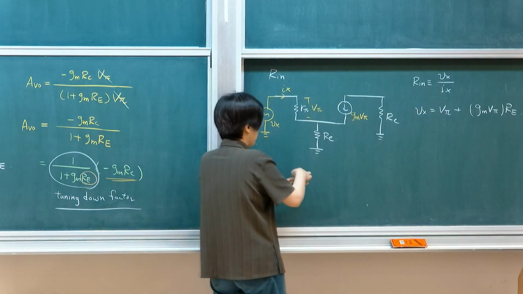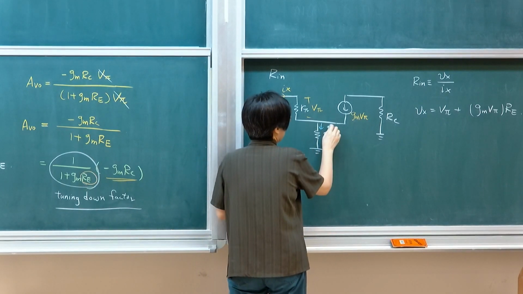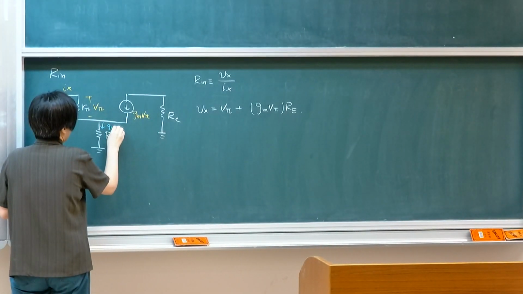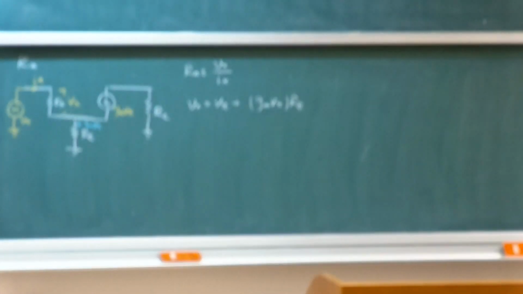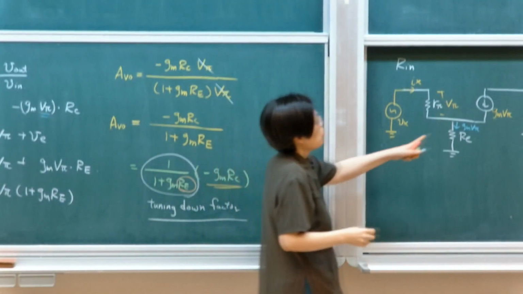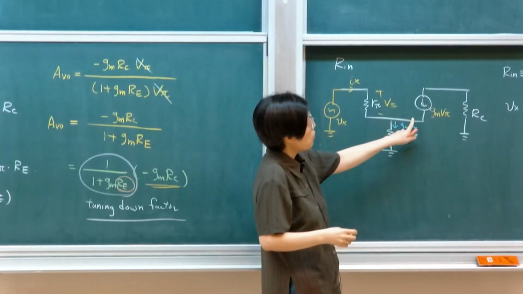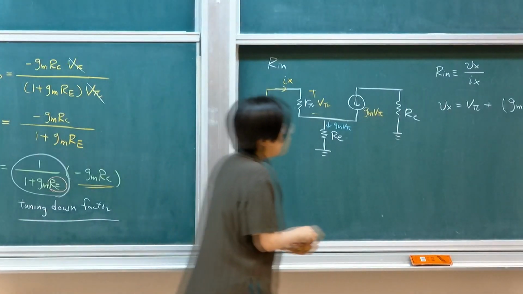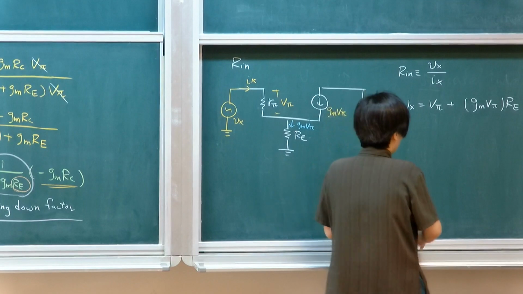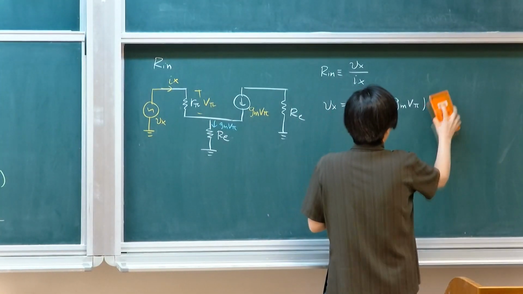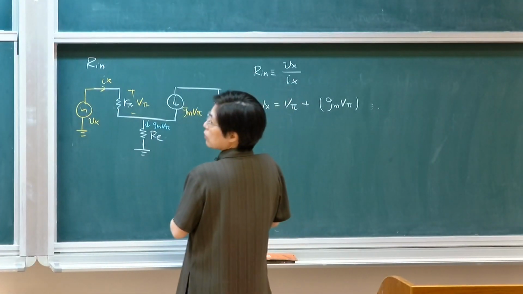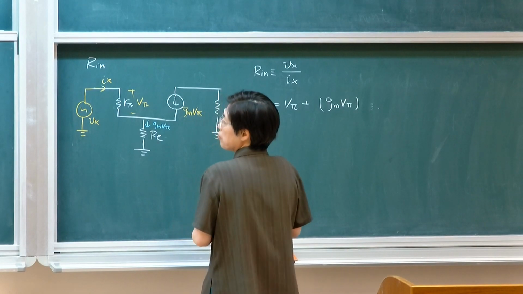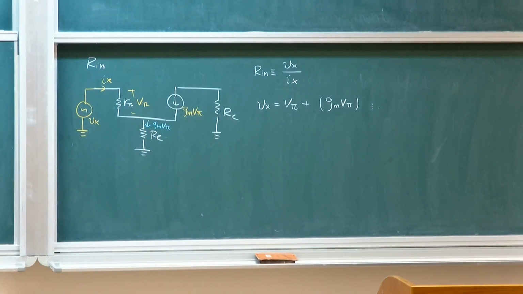The current going down the emitter terminal is gm V pi, because there's only one branch connected to the emitter. Did I miss something? Yes, I know.